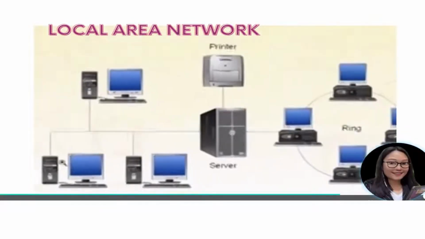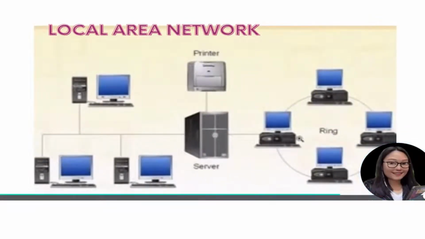Second, we have the local area network. In a LAN, the network is a group of devices such as computer to the server, printer to the server, switches to a printer, which are located in the same building.